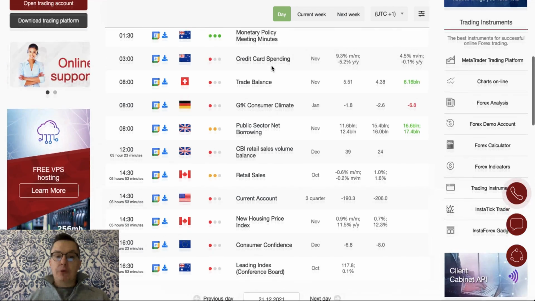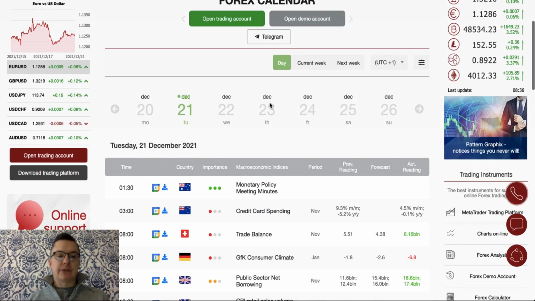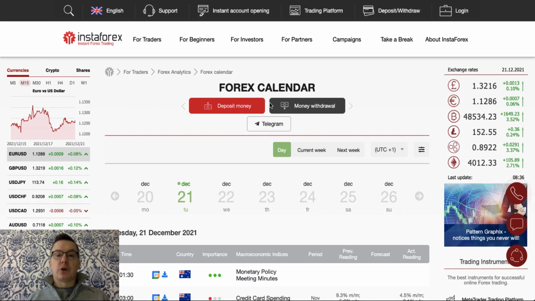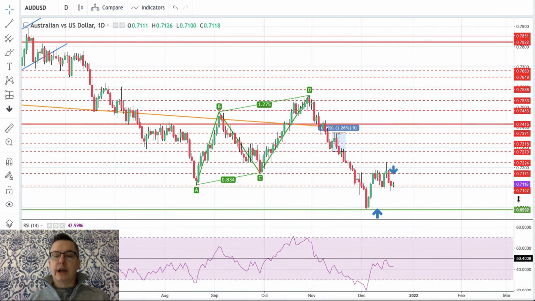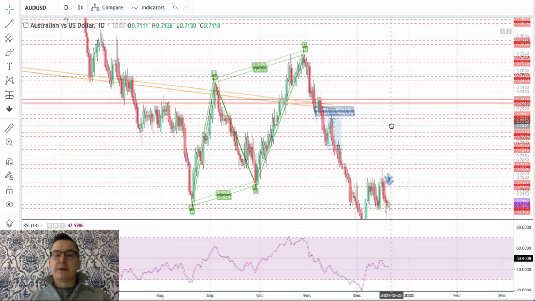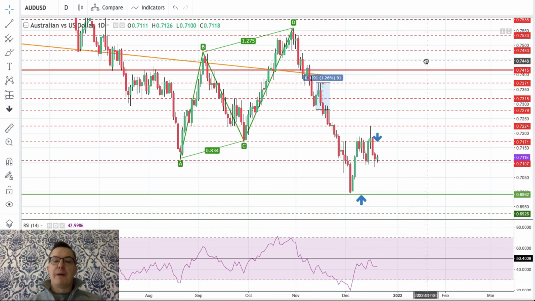So what we are going to talk about today, I guess we would start from Australian dollar. Daily time frame chart of the Australian dollar looks kind of solid, but this is the solid look only for bears.